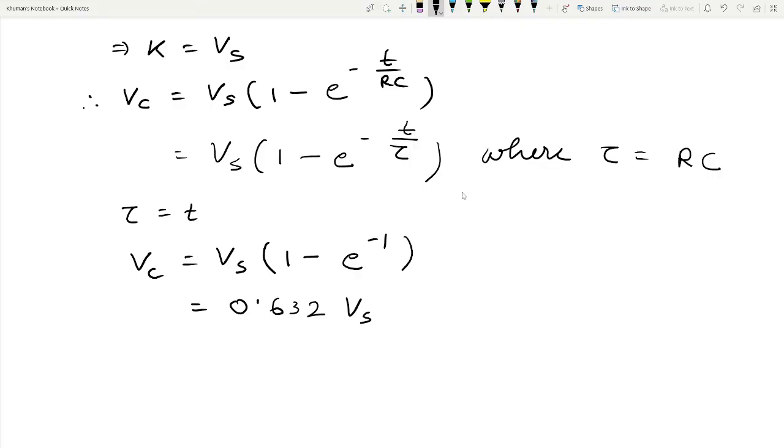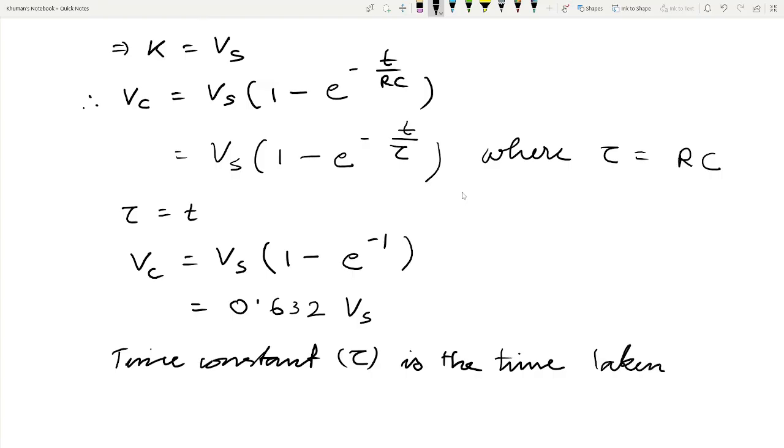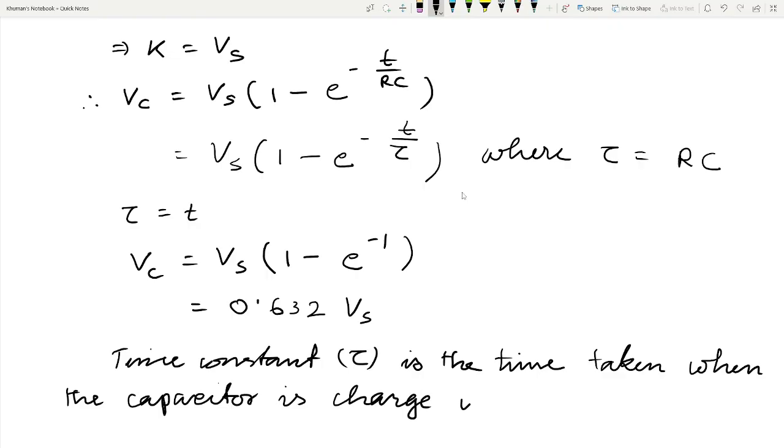So from here, what we can say is tau, that is the time constant, is the time taken when the capacitor is charged up to 63.2% of Vs. This is the supply voltage.